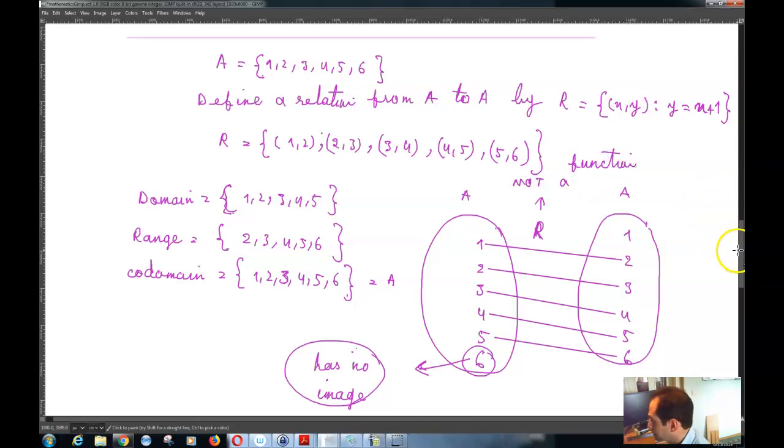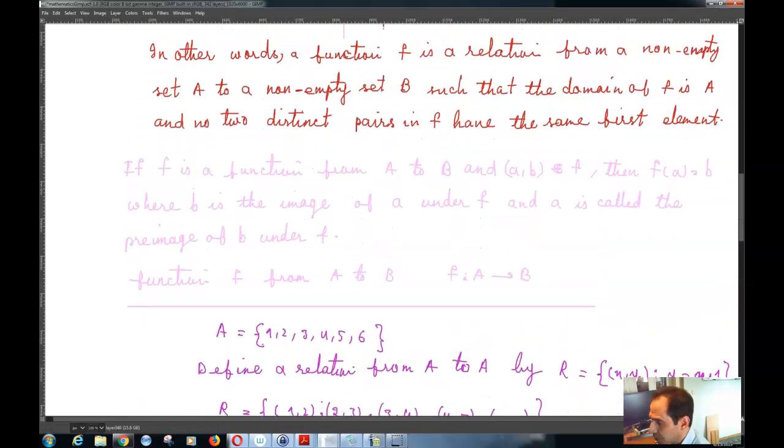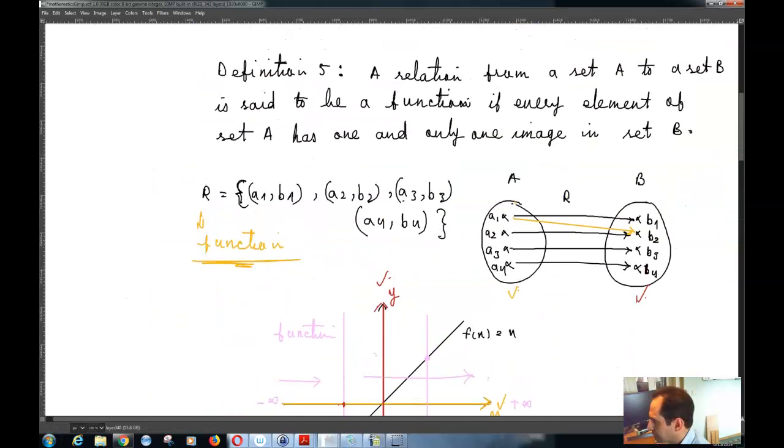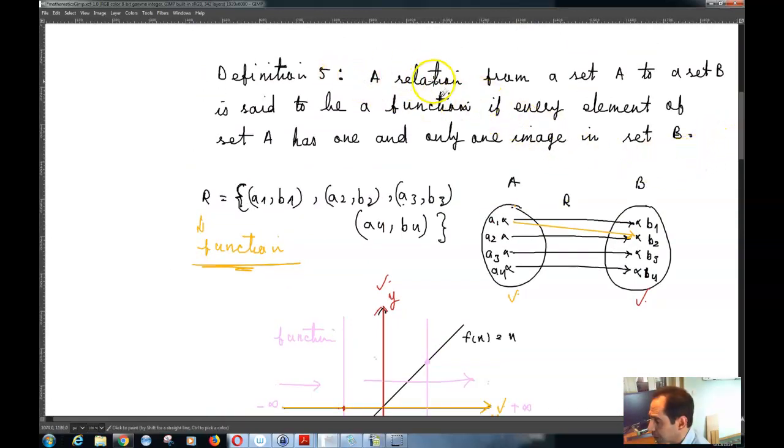And of course, in the definition we said that a relation from a set A to a set B is said to be a function if every element of set A has one and only one image in set B. Every element.